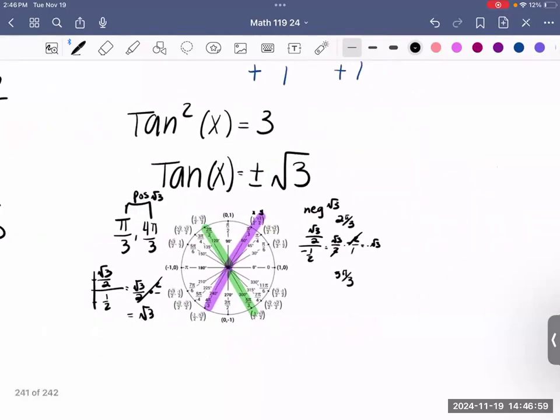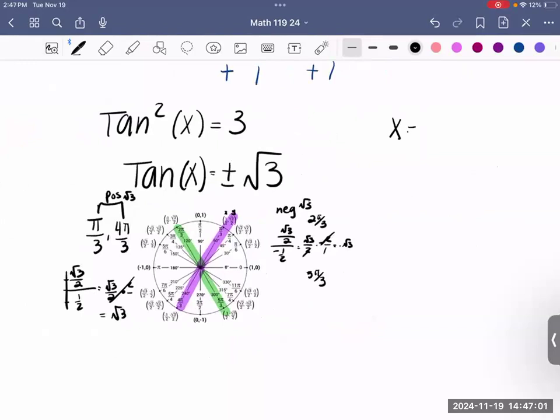So you have multiple solutions here for x. So x is at pi over 3. X is also at 4 pi over 3. X is also at 5 pi over 3. And again, at 2 pi over 3.